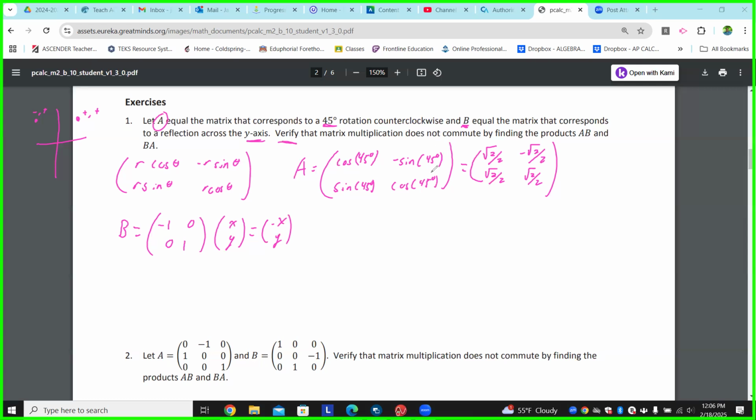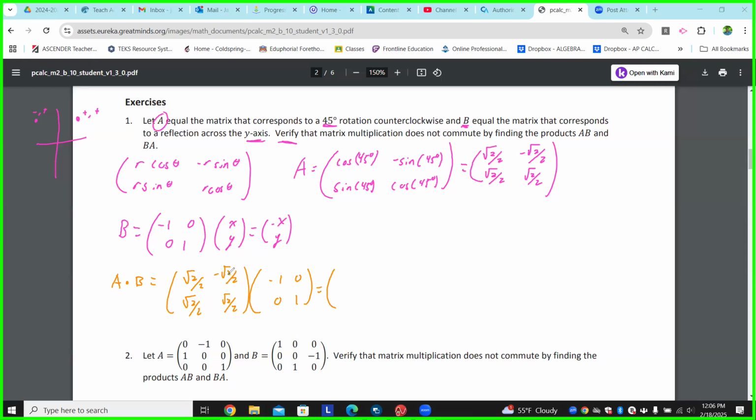All right. So now that we have both matrix A and B, it wants us to verify that matrix multiplication does not commute. Meaning, if I do A times B, will it equal B times A? So let's start off with that. So my A matrix is the square root of 2 over 2, negative square root of 2 over 2, square root 2 over 2, square root 2 over 2. And we're going to multiply that by the B matrix. So that's negative 1, 0, 0, 1. Let's see what we get.